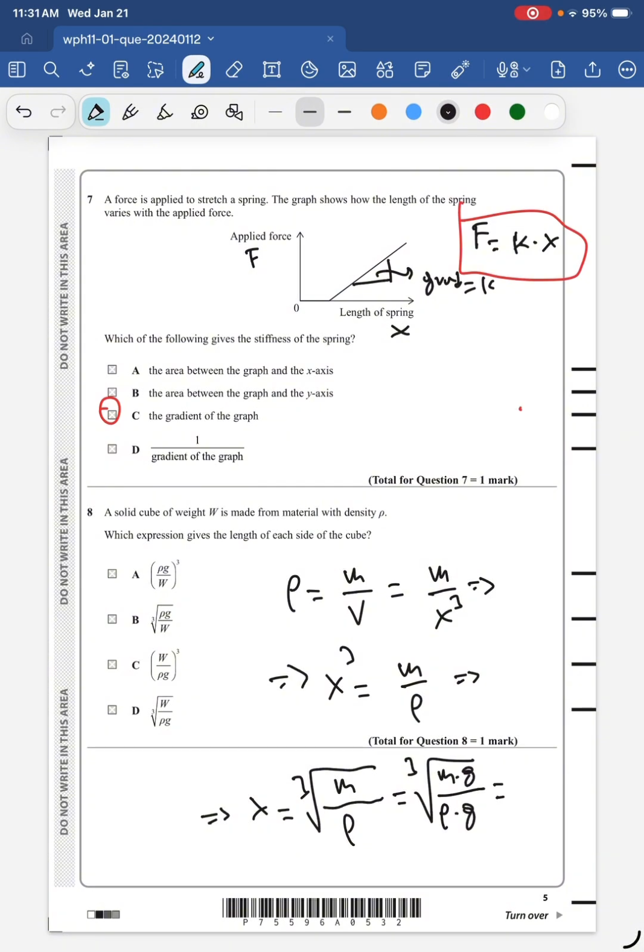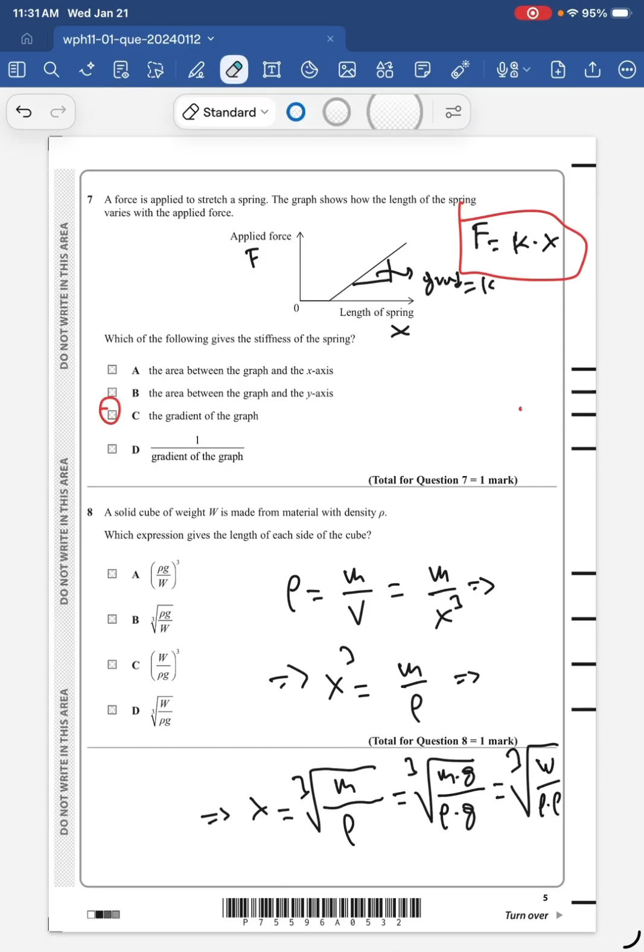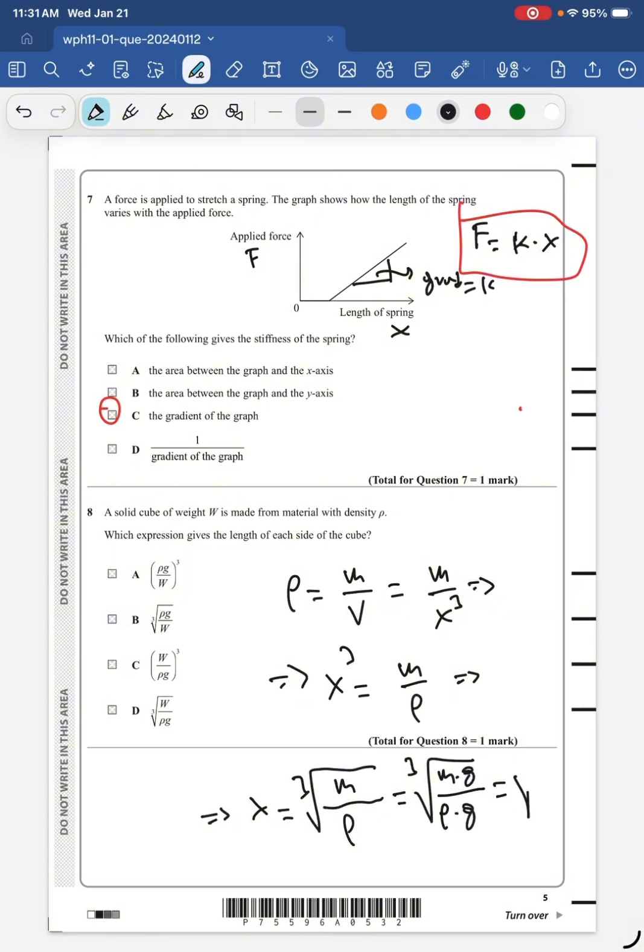I mean, weight, so it's the cube root of weight over ρ times g. So it's option, which one? Wait, D, right?